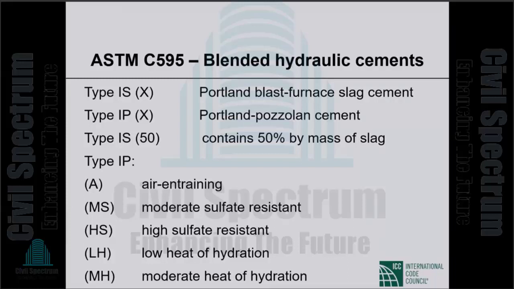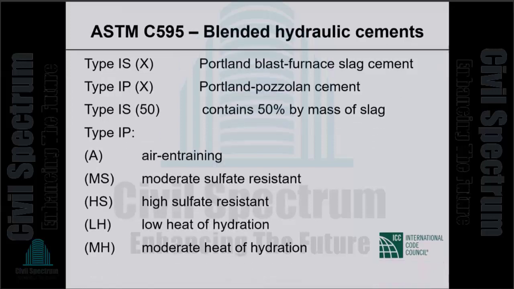And if it is a 1P cement, then within parentheses, you may have A for air entraining, MS for moderate sulfate resistant, and so forth. So C595 blended cement is type 1S or 1P with additional information that is conveyed through the labeling.